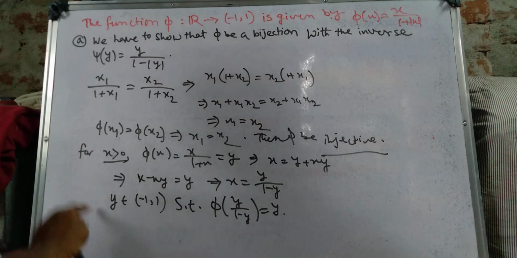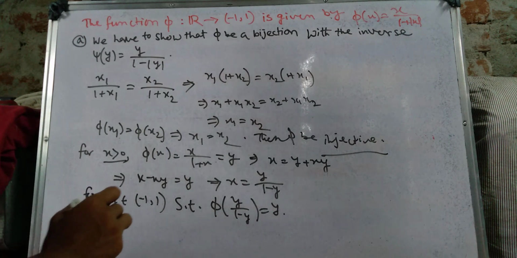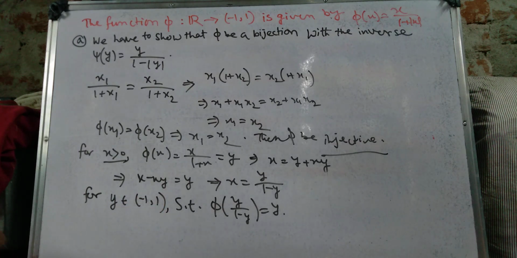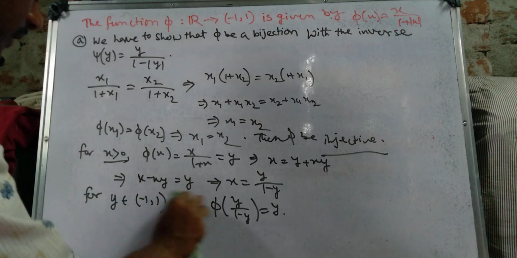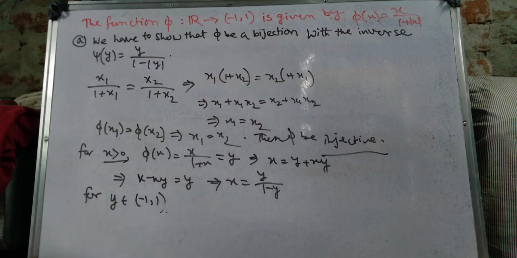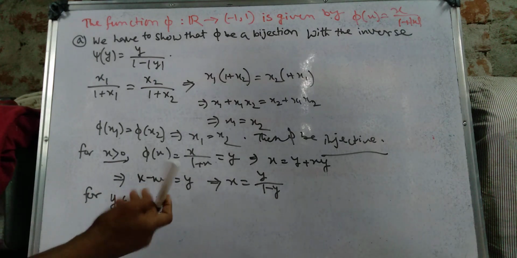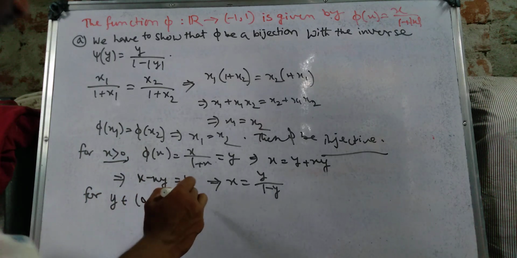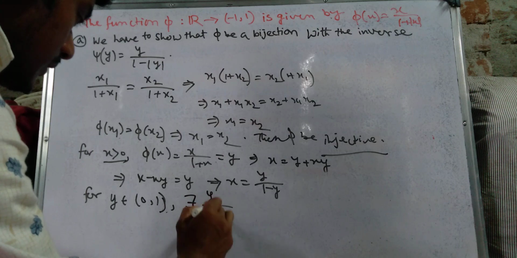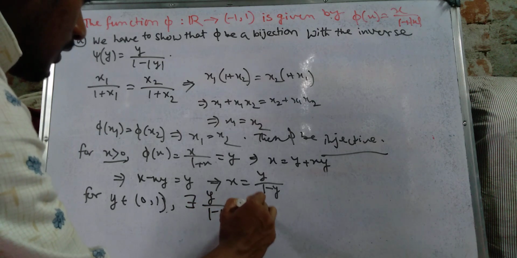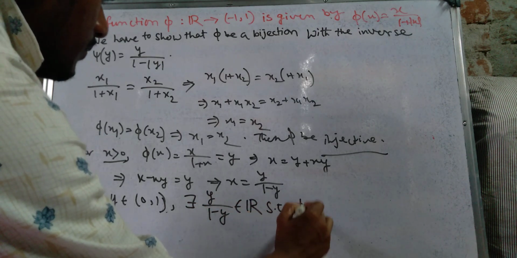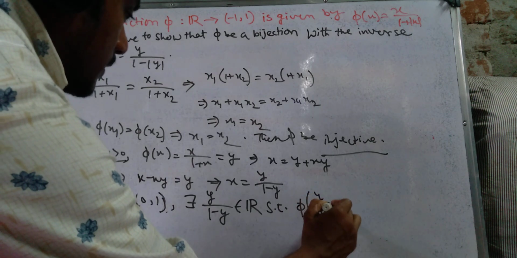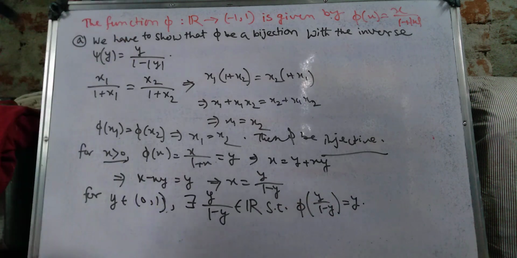For x greater than 0, then y greater than 0. There exists y by 1 minus y belongs to R such that phi of y by 1 minus y equal to y.